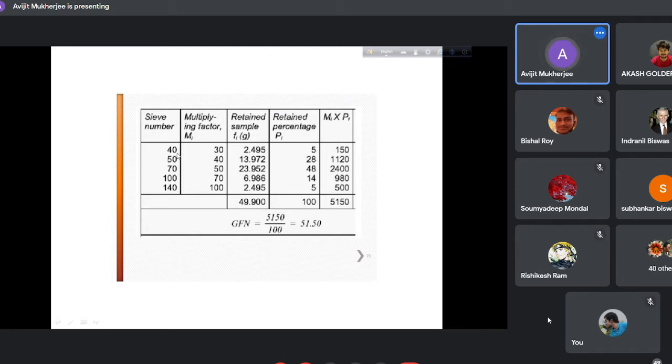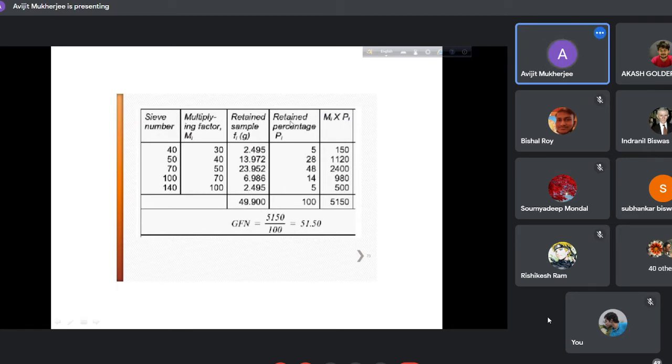In the 40 sieve tray, only 2.495 percent of the sample sand has been retained. In this tray, 13; in 70, the majority; in 100, 6 point this; and in 140, 2.49. So this is the retained sample in different trays.